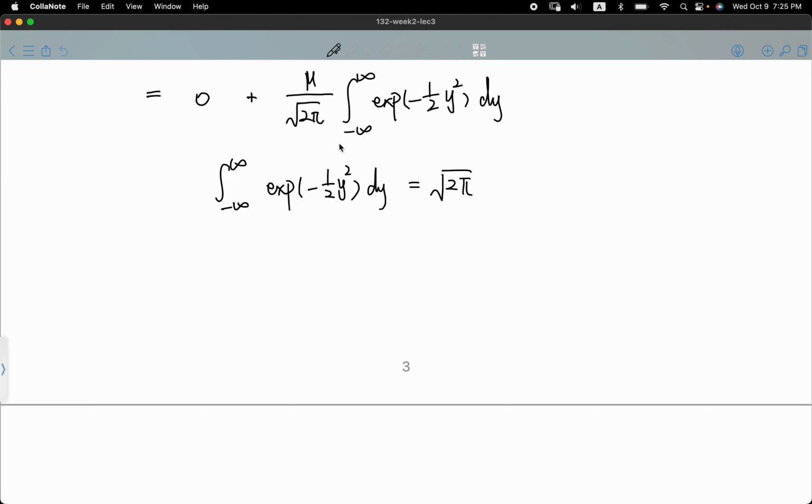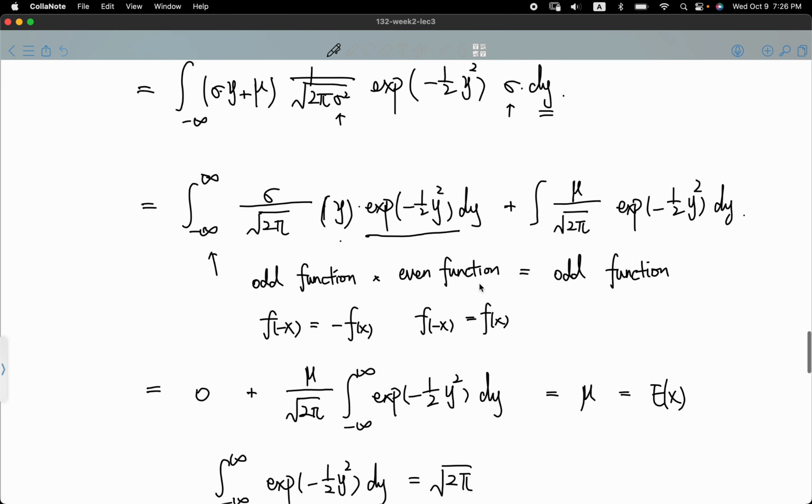So this entire integral reduces to square root of 2 pi, and the whole thing is just equal to mu, because the square root of 2 pi will cancel out, and you are only left with a single copy of mu. We started with E of X, so the expected value of a normal random variable is the mean mu. This result you already know, but what I'm showing is the derivation of this first moment.